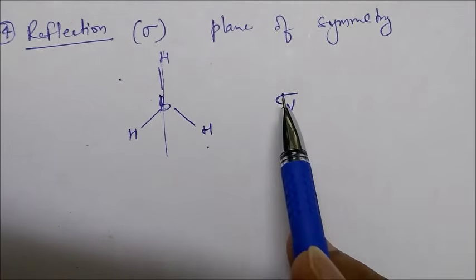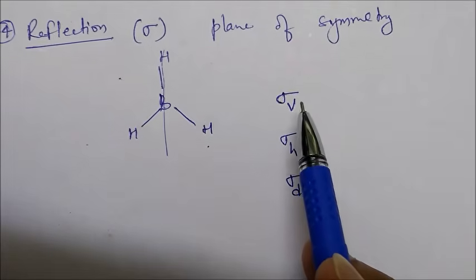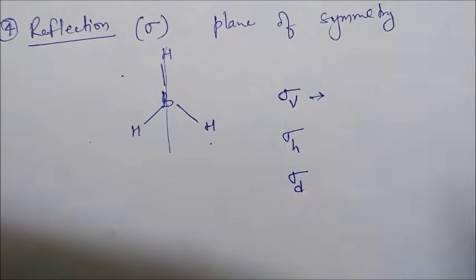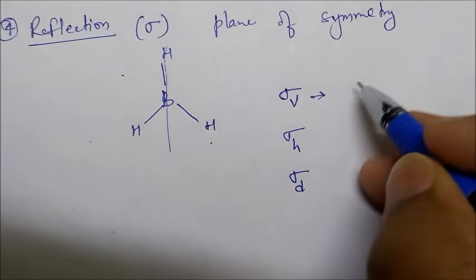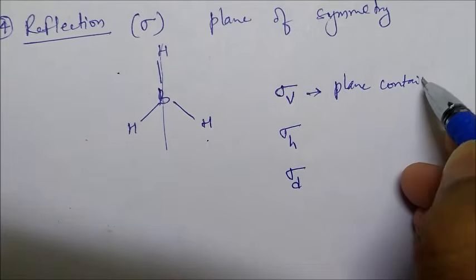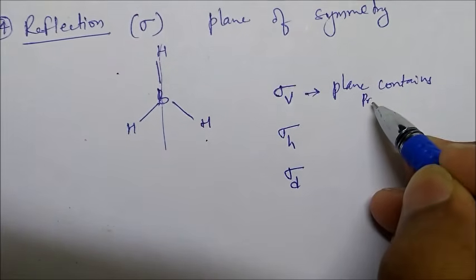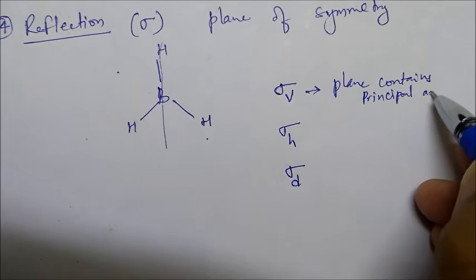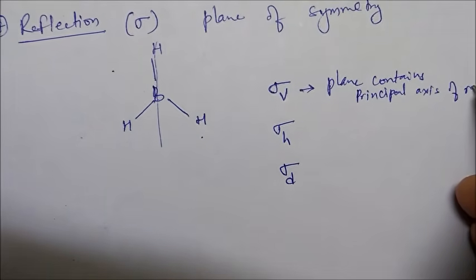What are these? Sigma v, the vertical plane of reflection, has the condition that the plane contains the primary axis of rotation.